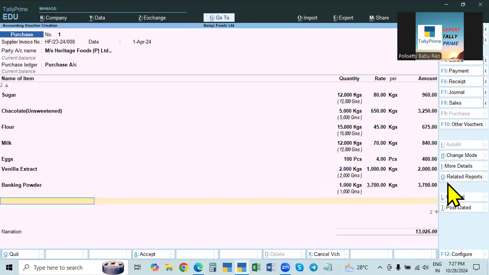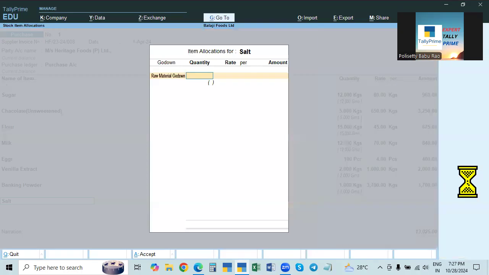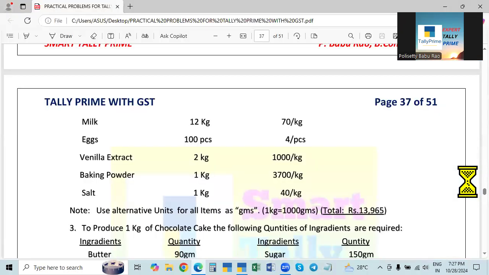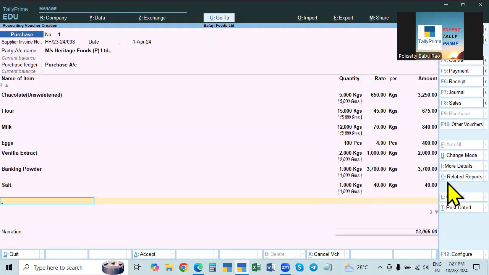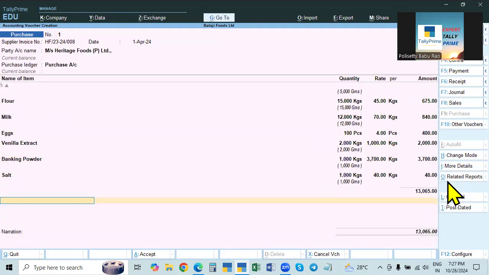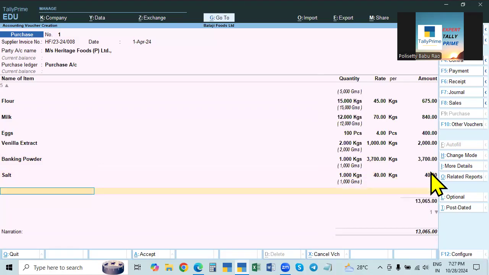The next one is salt, raw material godown, also 1 kg, 40 rupees per kg. So these are the materials we purchase, and after this there are no others.